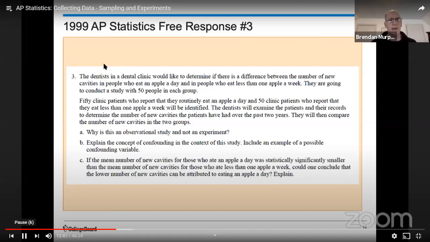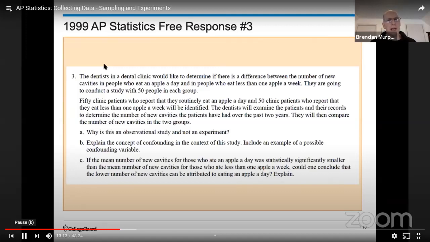50 clinic patients who report that they routinely eat an apple a day, and 50 clinic patients who report that they eat less than an apple a week will be identified. Okay, so there's my 100 people. The dentist will examine the patients and their records to determine the number of new cavities the patients have had over the last 2 years.